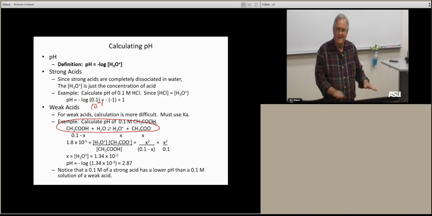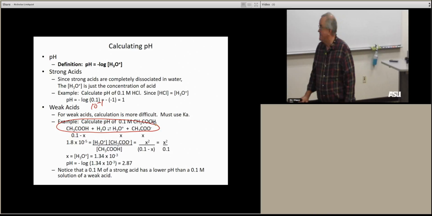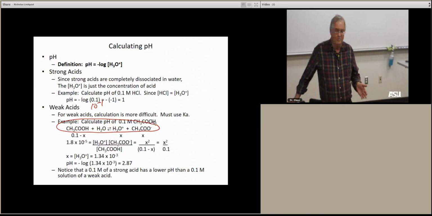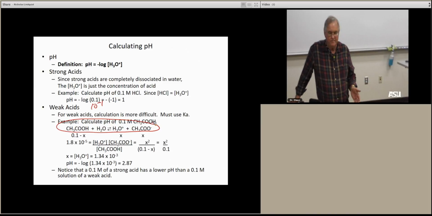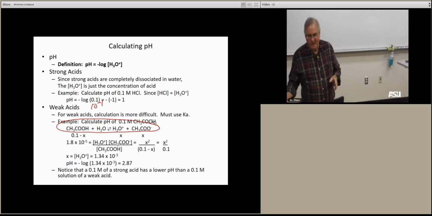Now, what about the concentration of acetic acid? Well, I said in this equation, let's assume that it's 10th molar. So it starts off as 10th molar. What is it at equilibrium? It started off as 10th molar, but some of it has reacted, right?